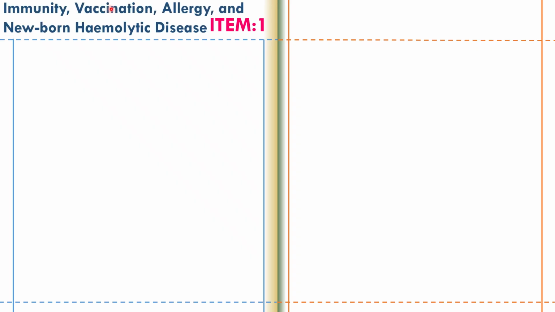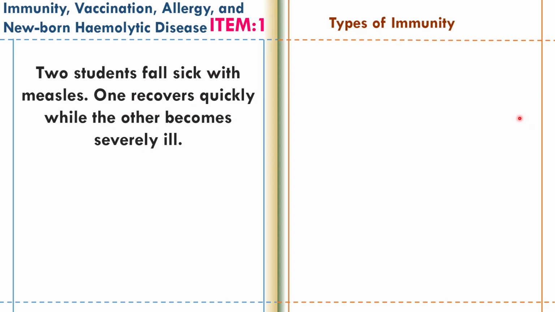Immunity, vaccination, allergy, and newborn hemolytic disease. Item 1. Let's look at the types of immunity. Two students fall sick with measles.